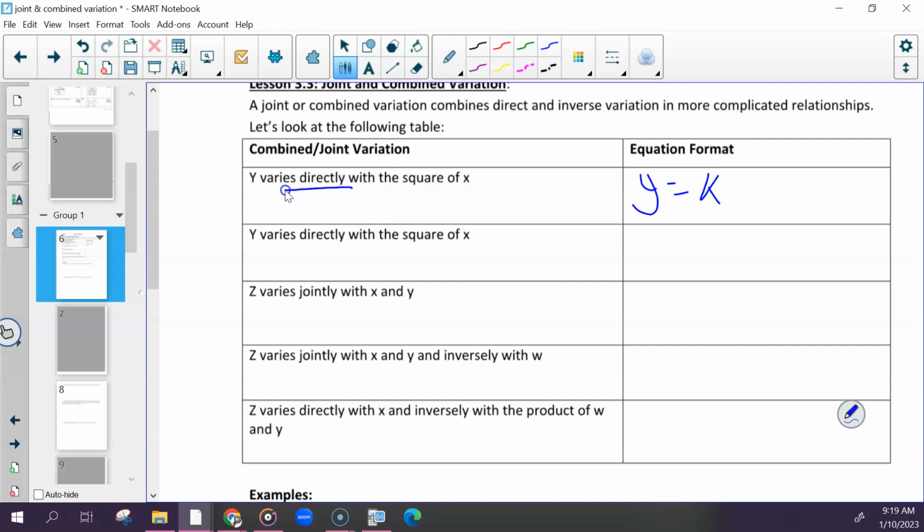What do we think? Not plus, just x squared. Try not to confuse this with the square root of x. If it doesn't say square root, don't put square root.